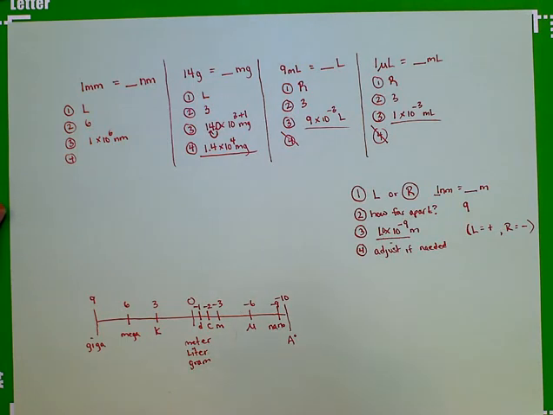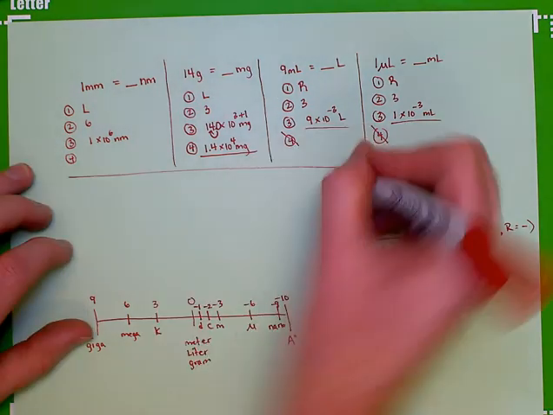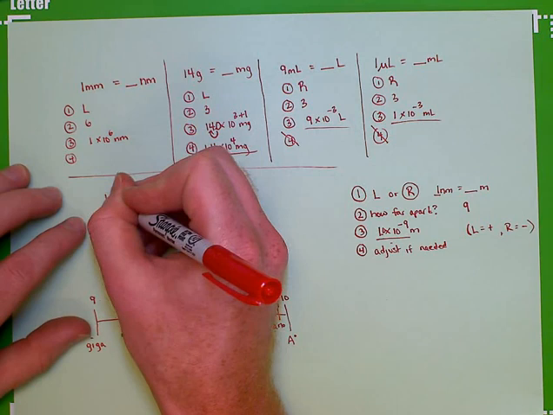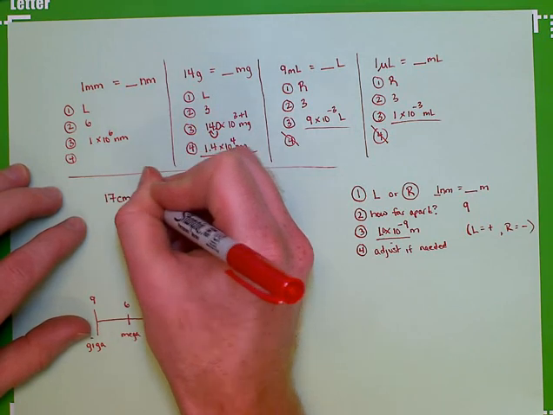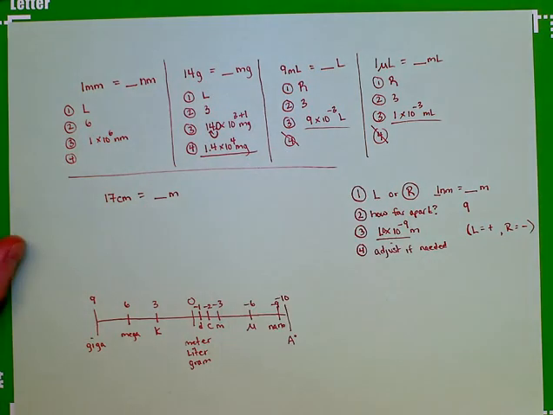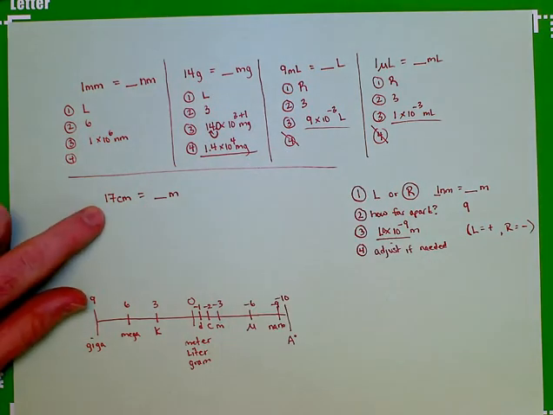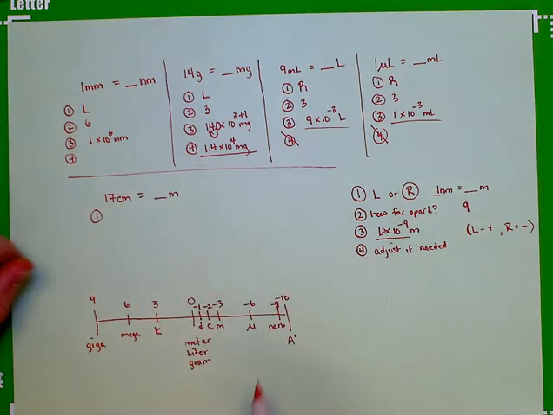All right, last one. This one's going to be tricky. 17 centimeters is equal to how many meters? Okay, so 17 centimeters is equal to how many meters? Number 1, left hand or right hand? Centimeters, right here. Meters, right here.